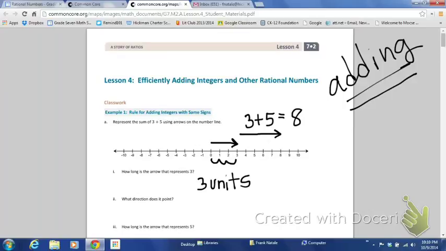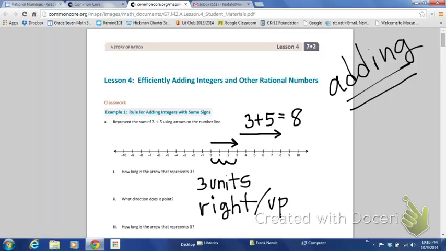And what direction does it point? On our number line, it points to the right. If it were a vertical number line, it would point up. This is the idea of a positive move, and that is always to the right.